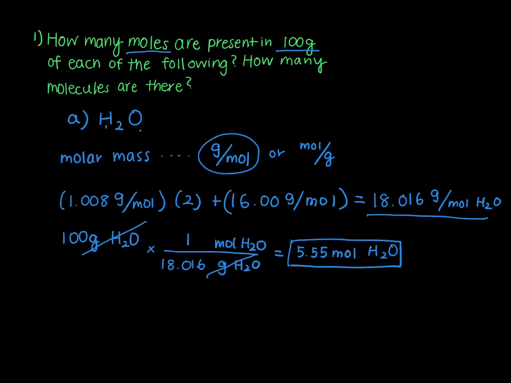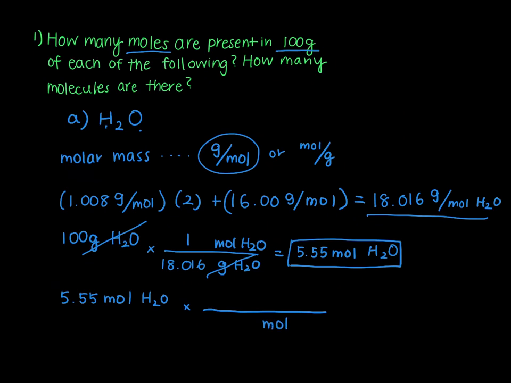So you can't stop there because we're also asked how many molecules are there. So make sure you don't confuse moles and molecules. Those are 2 different things. And to convert from moles to molecules, you want to use that really big number, or Avogadro's number. So what we do is 5.55 moles of water. And then again, like the previous line, we want to cancel out moles.